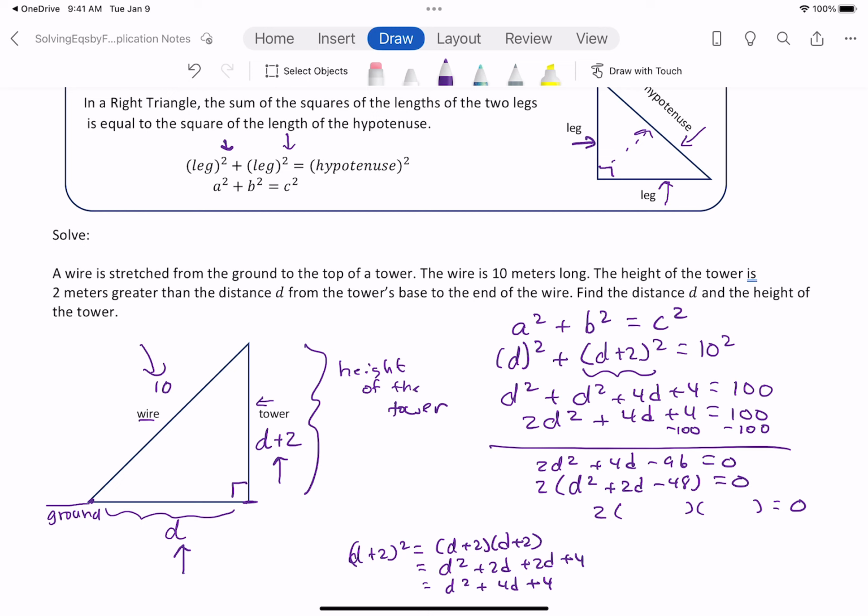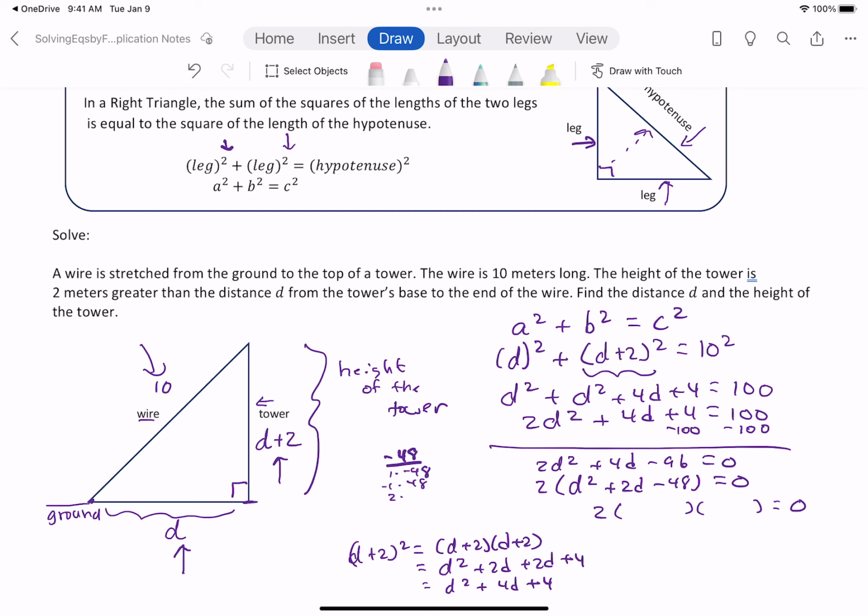Because a is 1 now, we need the factors of negative 48. So we can start listing those again. There's going to be a bunch, right? Negative 1 times 48, it's divisible by 2.